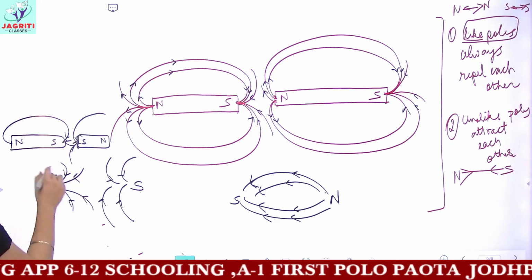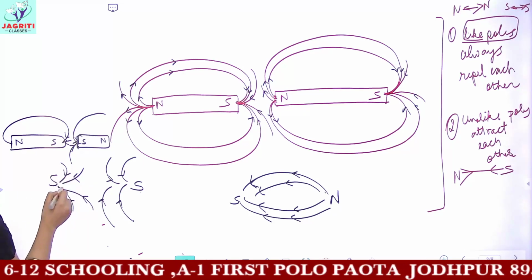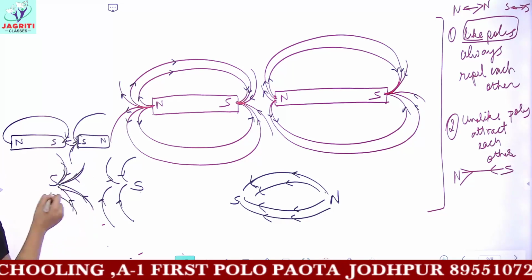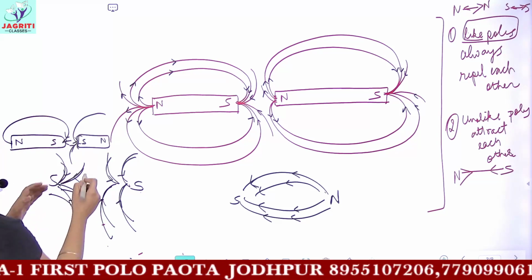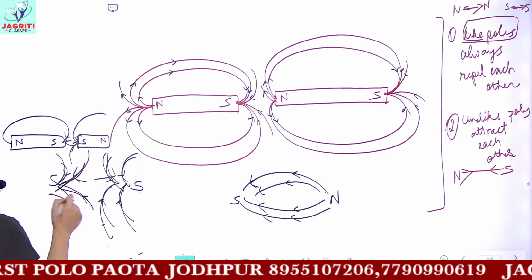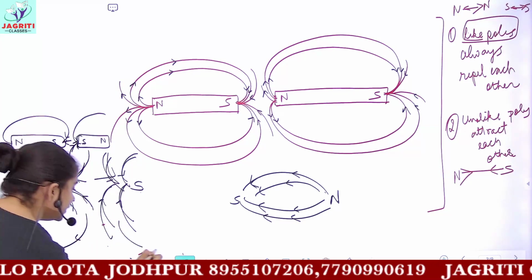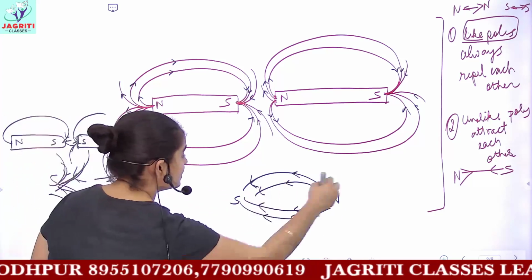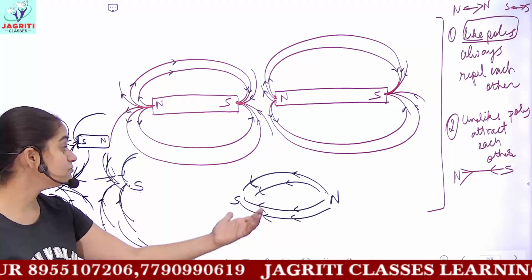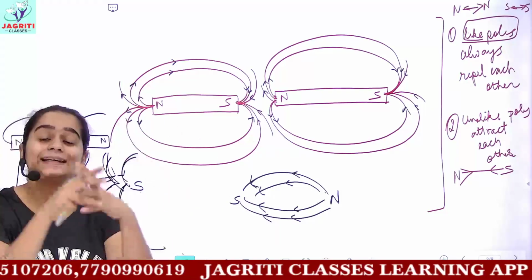But when we are considering the similar poles, you can see that the direction is towards the south. Here also their direction is towards the south. And in turn, both these directions are opposite. One is going in this manner, the other is going in this manner, so they are opposing each other. But here the direction is in the same manner, so this gives you a constructive or an attractive force.